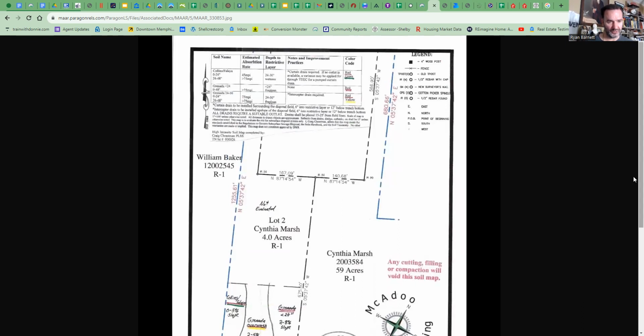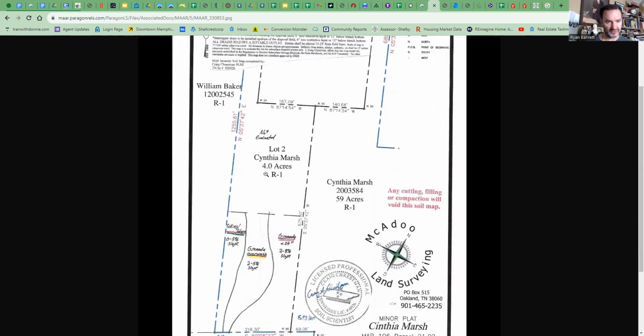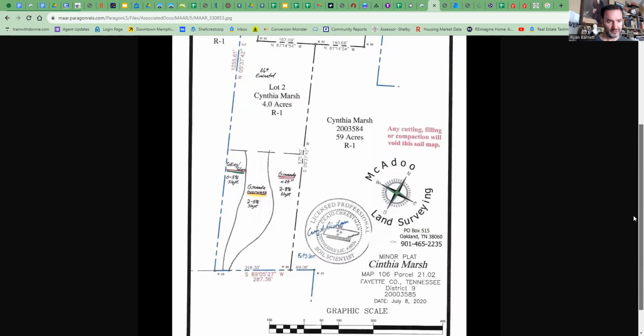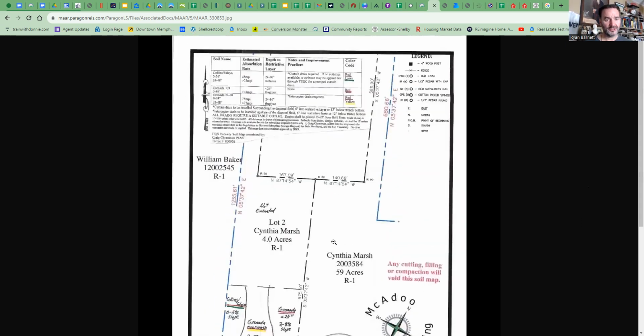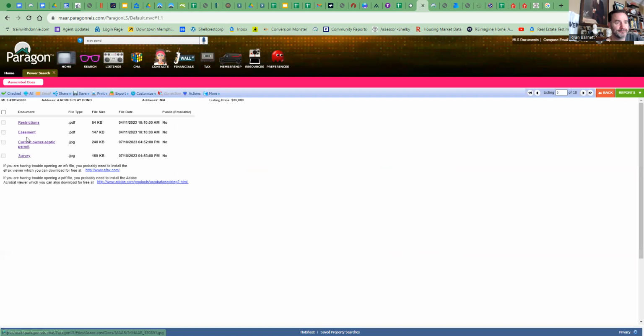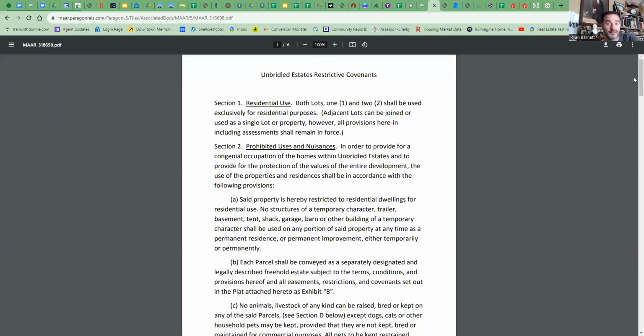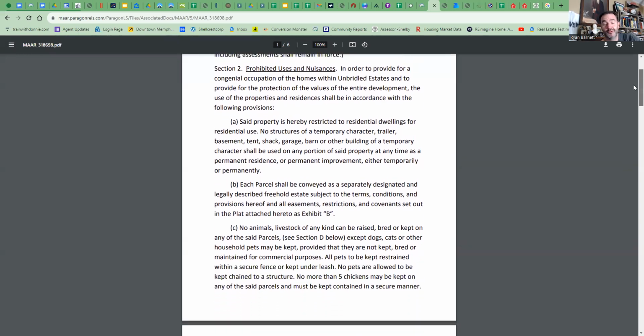Survey, Cynthia Marsh, 59 acres, 4 acres. So Cynthia Marsh owns more than this 4 acres that they're selling here. So I get to know her, him, who all that is, the owner, and see, you may want to buy more.